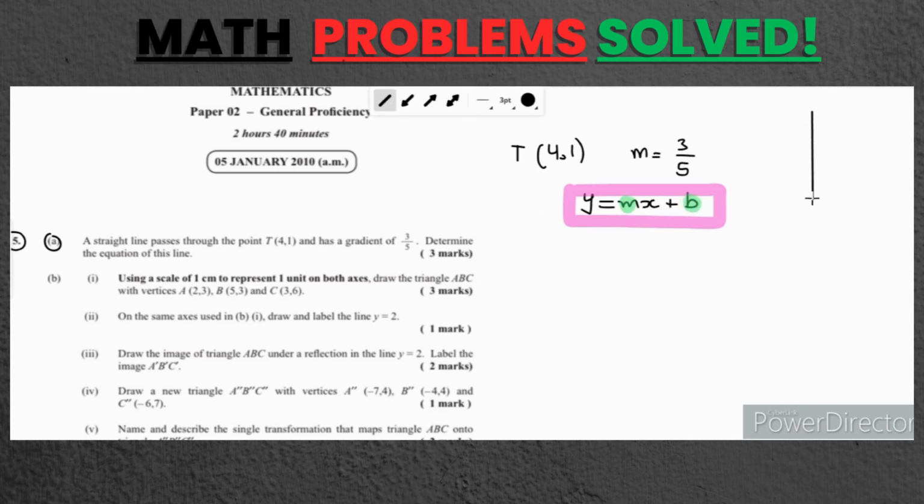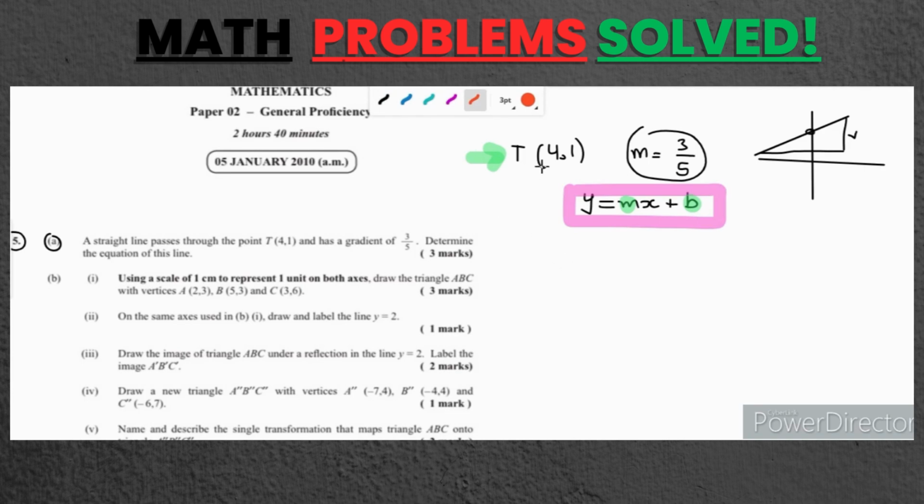Where the line touches the y-axis is called the y-intercept, and the rise over run is called the slope. Here we have been given the slope, 3/5, but the y-intercept is not given to us. So we will use this point to find the y-intercept.